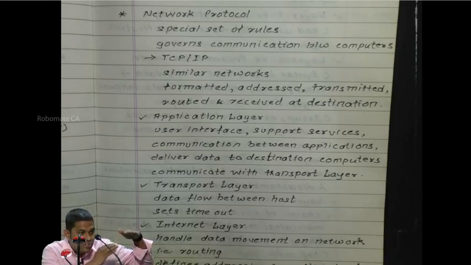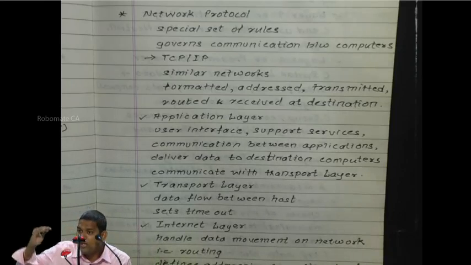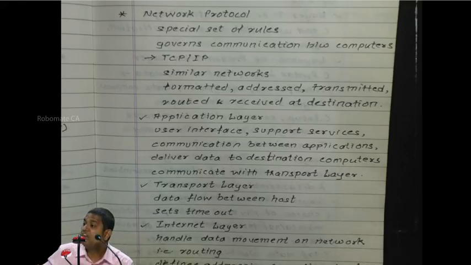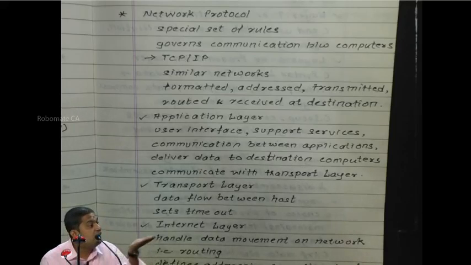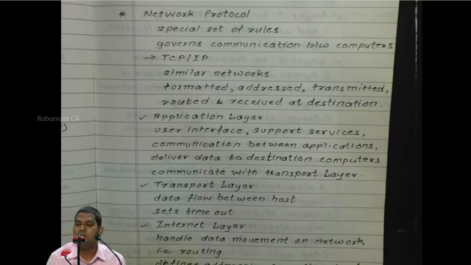And as you step down a layer below it, you are going nearer and nearer to the hardware. That means the lower layers will be concerned more with hardware and the upper layers will be concerned more with the user. So now we are trying to understand the TCP/IP type of transmission protocol.